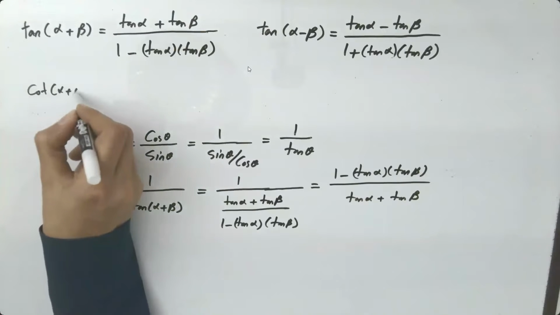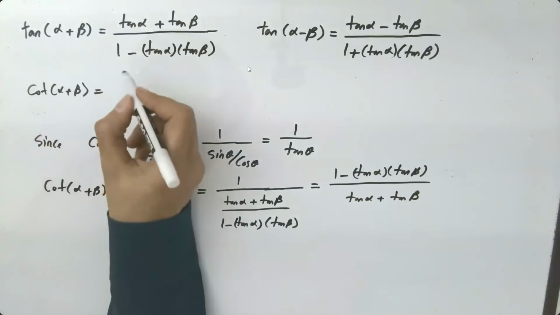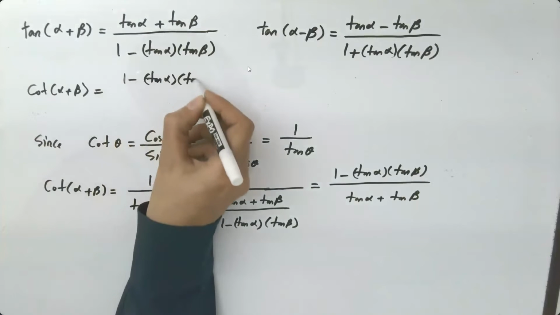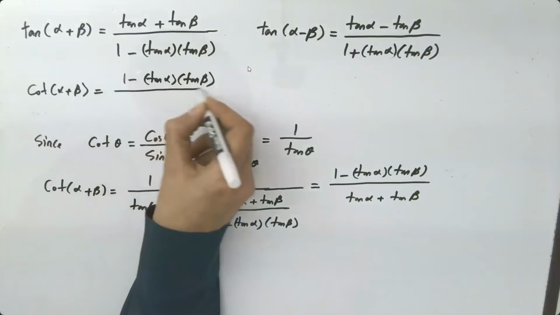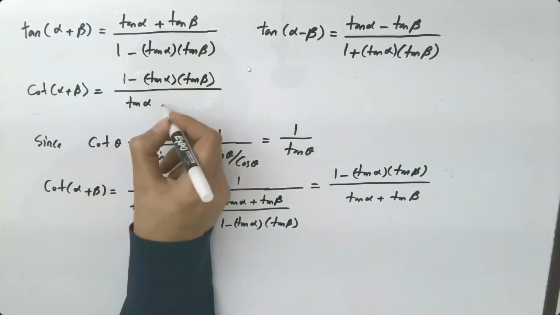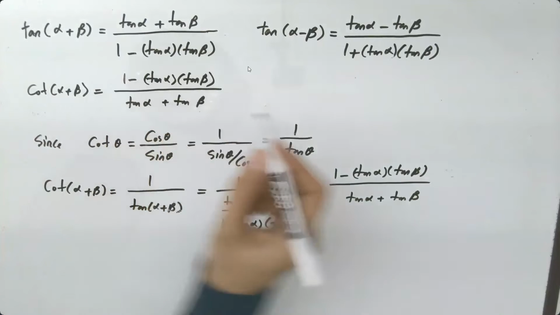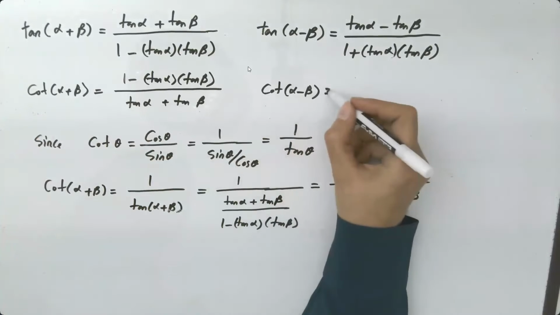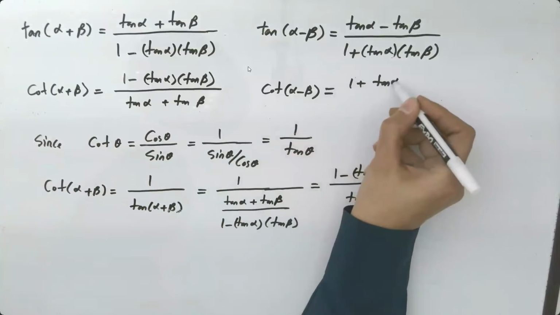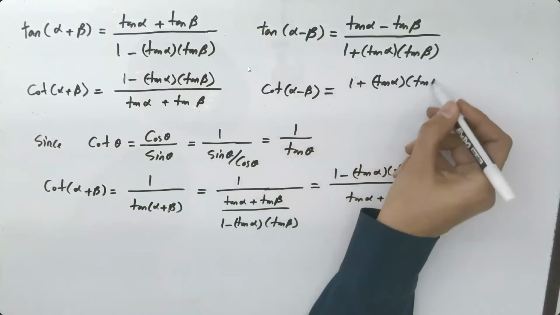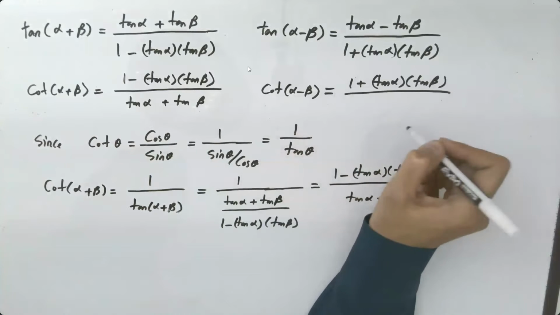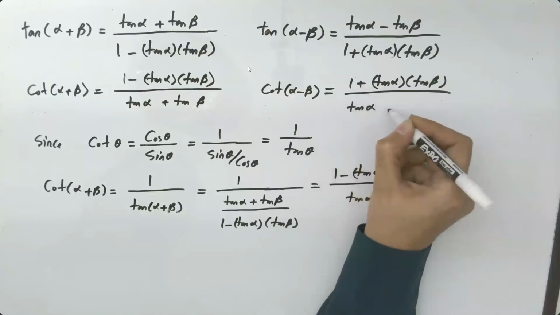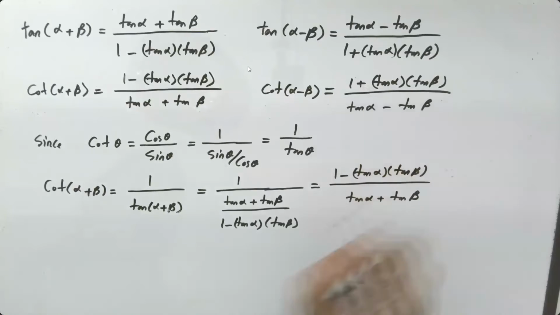Cotangent of alpha plus beta can be written as 1 minus tangent alpha times tangent beta divided by tangent alpha plus tangent beta, and cotangent of alpha minus beta is 1 plus tangent alpha times tangent beta divided by tangent alpha minus tangent beta.